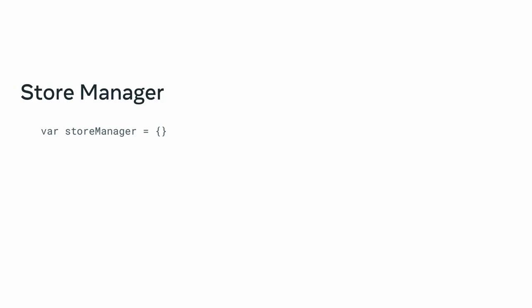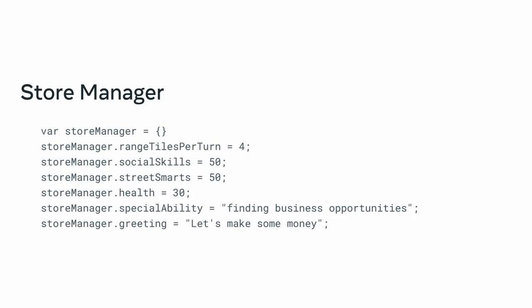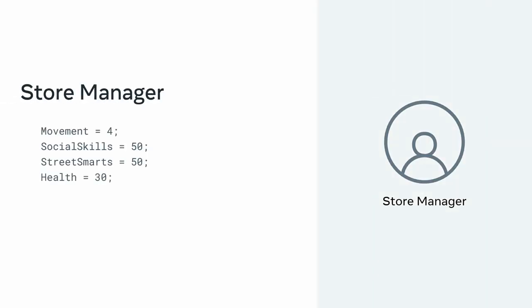Next, instead of declaring individual variables for the traits, you can add a dot operator to each one, right after the words store manager. Now, when you inspect the store manager object, it recognizes these as traits of the store manager. So, here you have built a store manager object using dot notation.